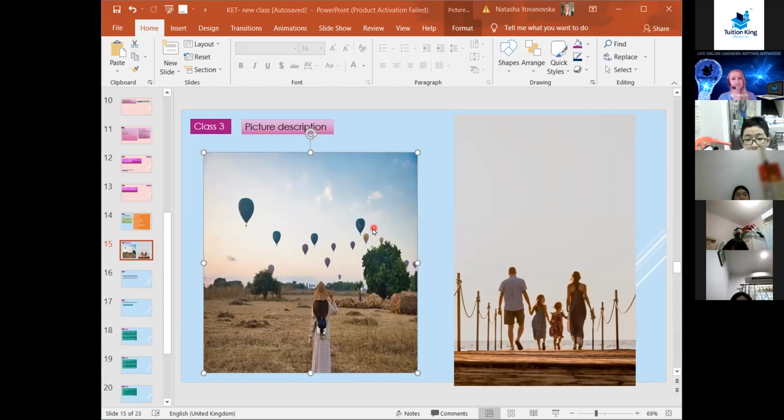Cloudy. Okay, it's mildly cloudy. Is it early in the morning or late in the afternoon? Late in the afternoon. Okay, all right, good. Anything else we should say about this picture?